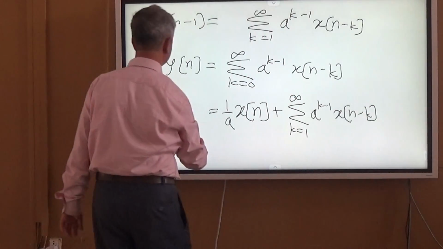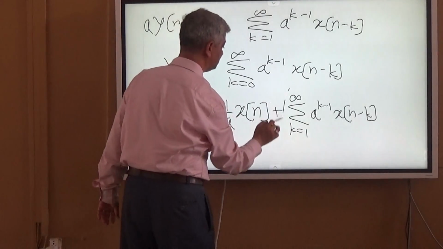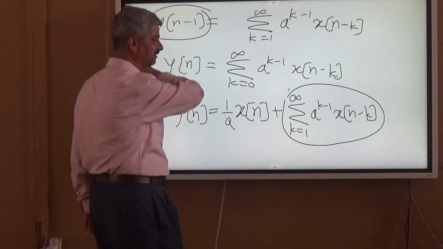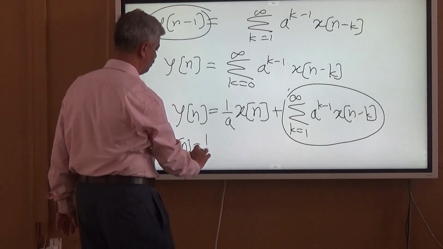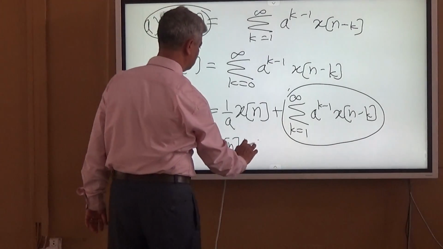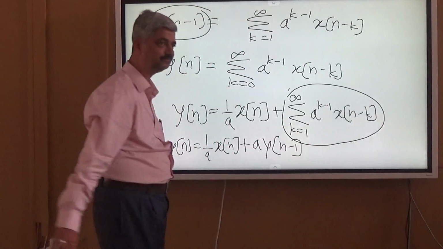What is this? This is y. But what is this? This is y of n minus 1, right? So y of n is equal to 1 upon a x of n plus a y of n minus 1. Is it right?